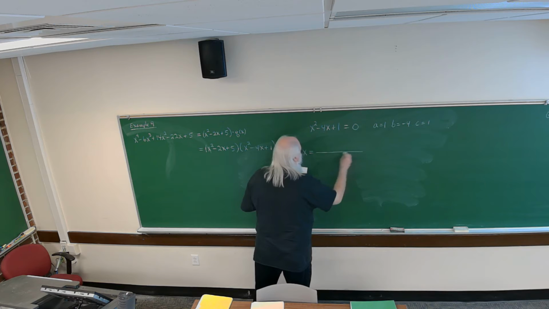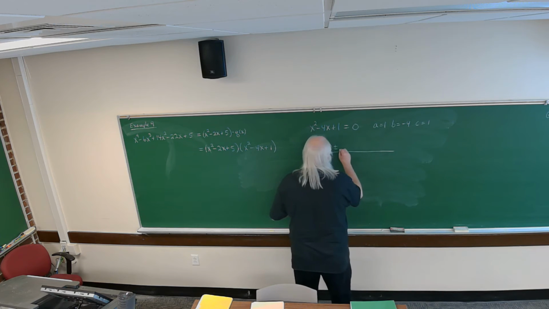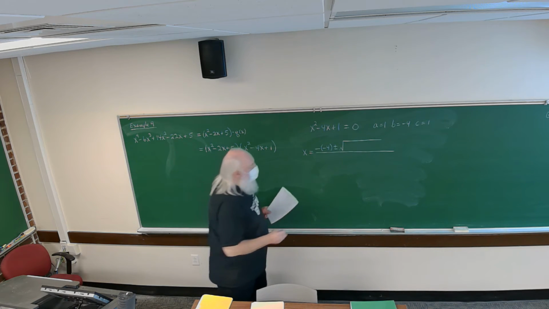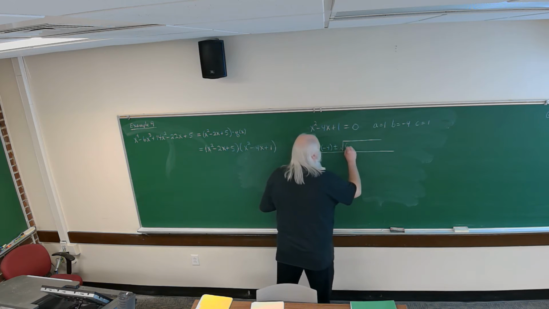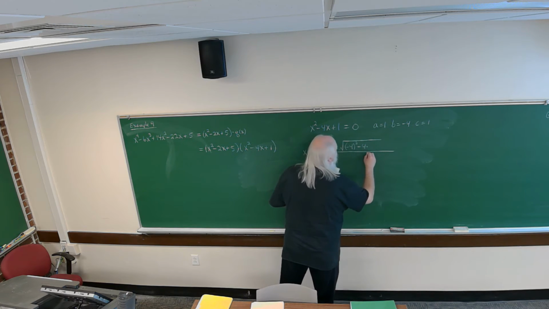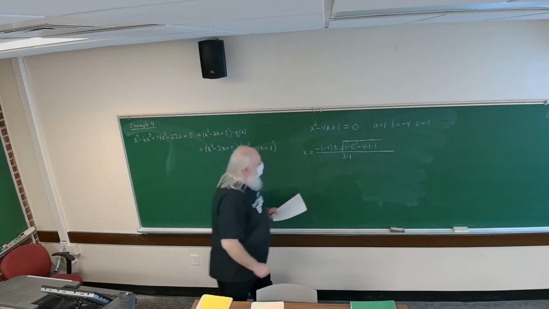X is equal to negative B, which is -4, plus or minus the square root of B squared, which is -4 squared, minus 4 times A, which is 1, times C, which is 1, over 2 times A, which is 1.